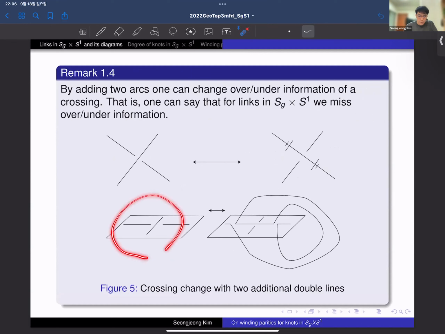Locally it looks like this. For this diagram, we have such a link with such two local arcs. And for this diagram, we have a link that locally looks like this.